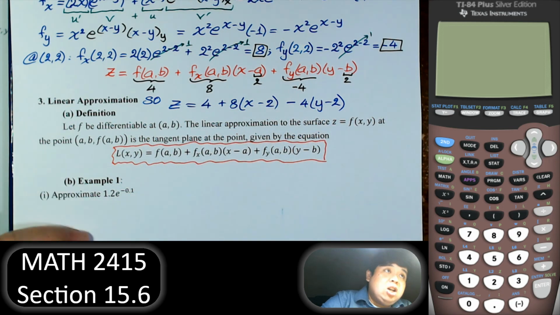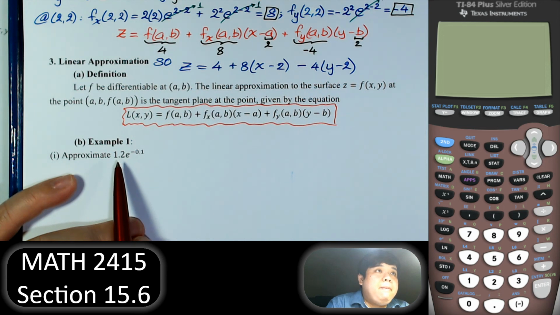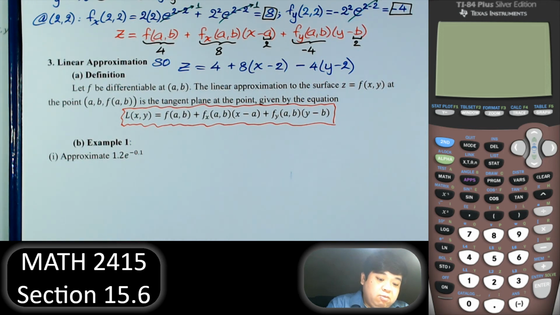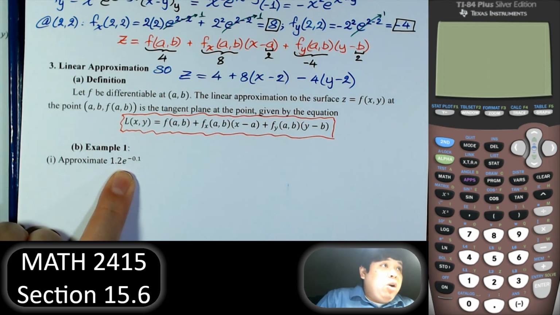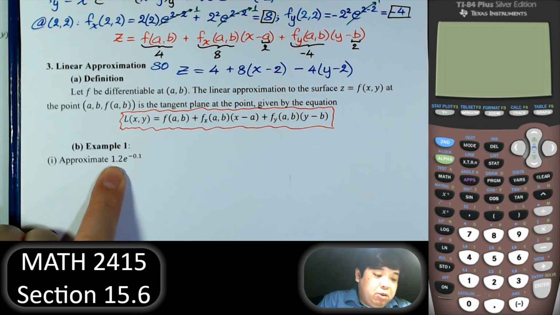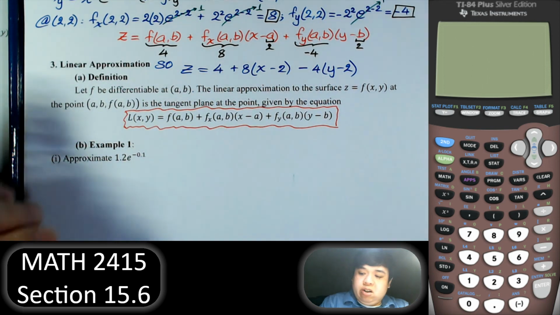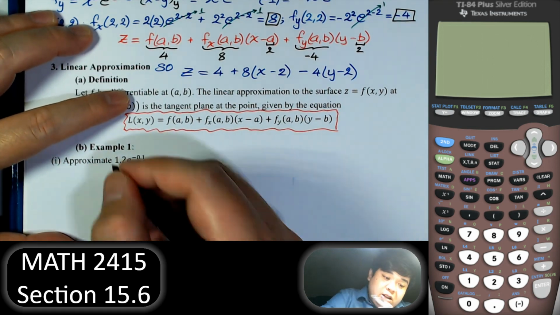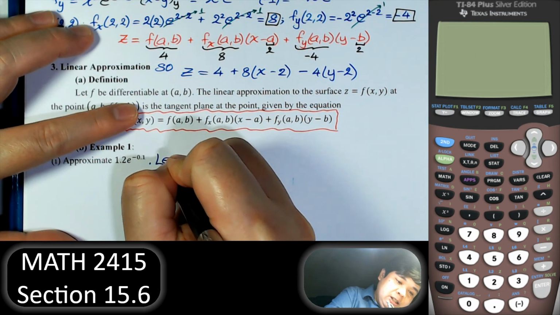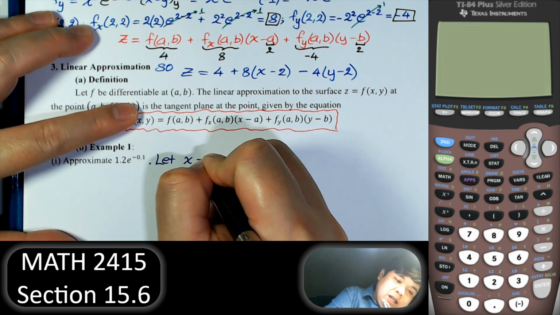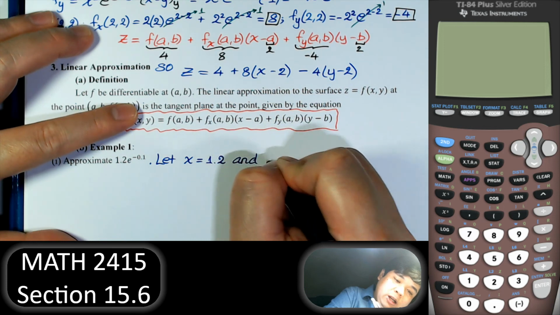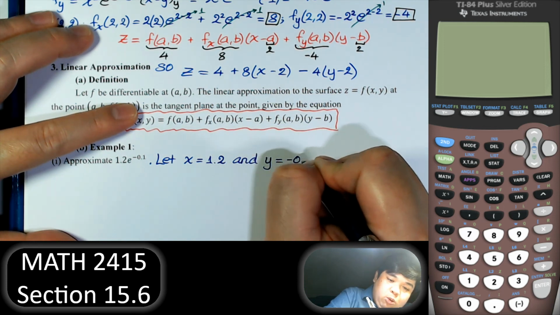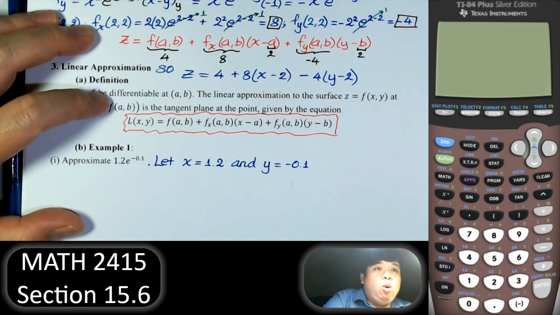Right. So let's estimate something like this. Hopefully we don't need a calculator for this problem. So usually when we have this, we're going to let that number be x and that number be y, or vice versa. Doesn't matter. So that's the first thing I will do: let x equal to 1.2 and y equal to negative 0.1 or 0.1 either way.